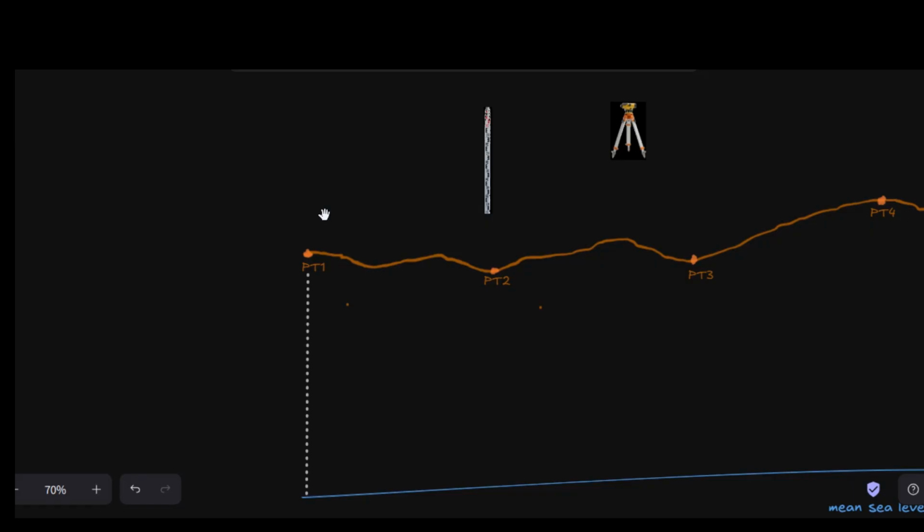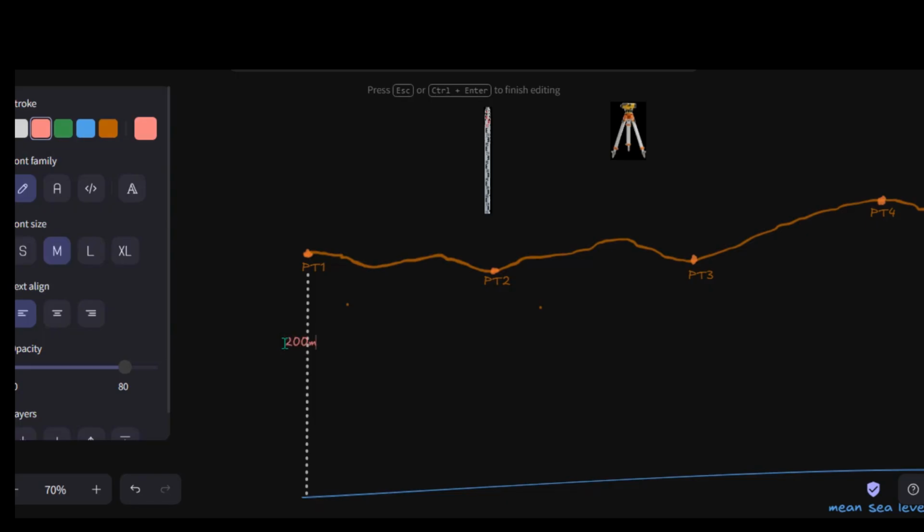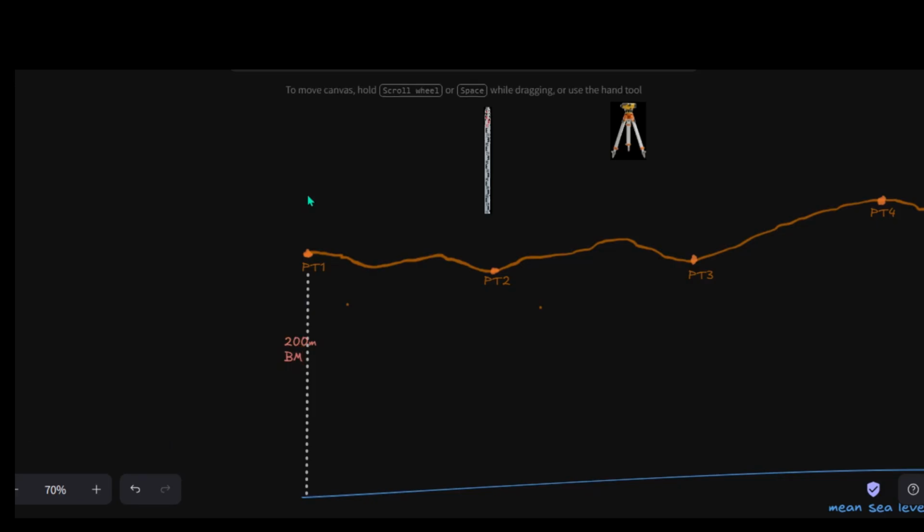Okay, now it's very simple. Assuming point 1 is that point which I know is a benchmark, and which has a reduced level, remember, this line here is tracing point 1 down to the sea level, which has a reduced level of, let's say, about 200 meters. This reduced level is what we call the benchmark.